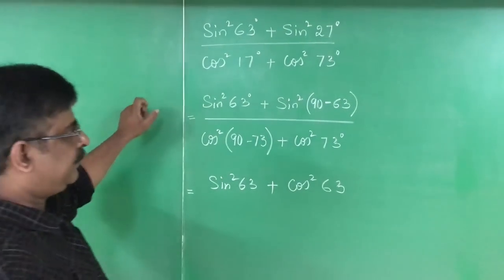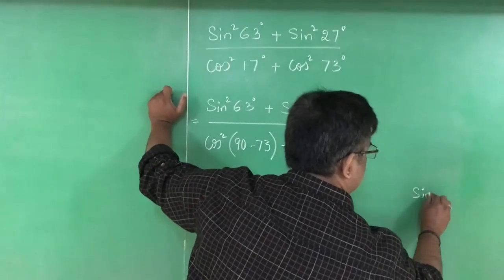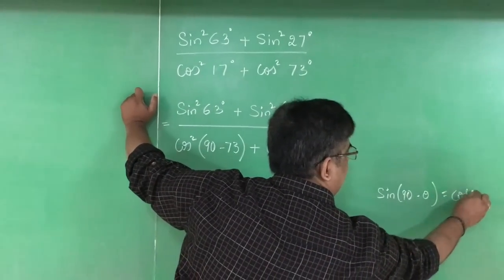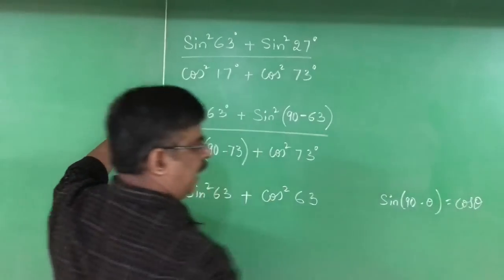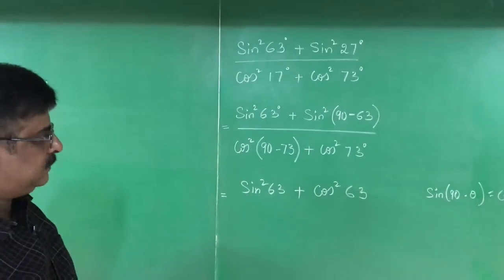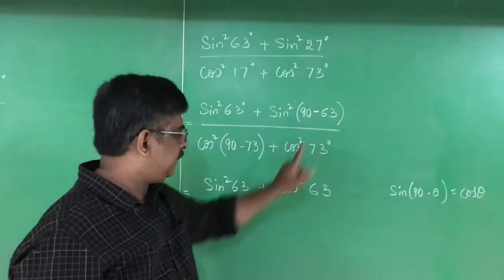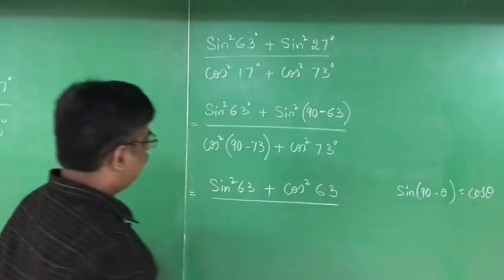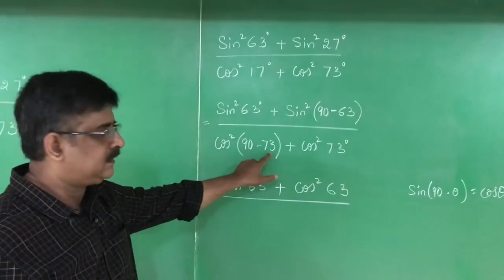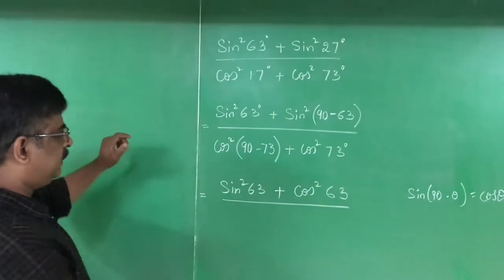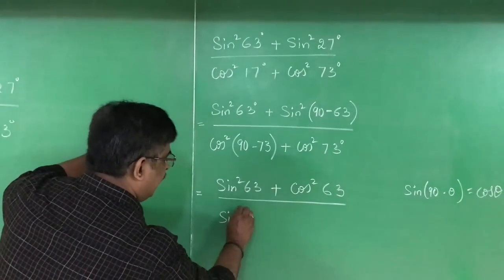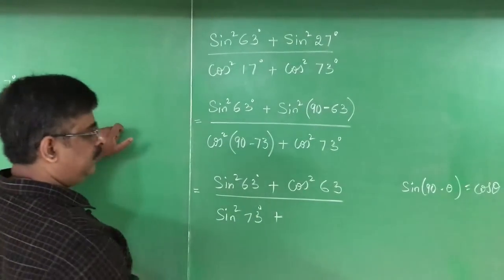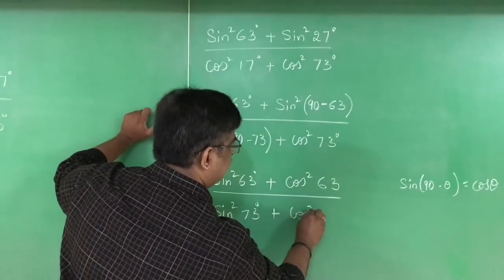Try to understand: sin 90 minus theta is equal to cos theta. This is the formula of the complementary angles. Similarly, cos 90 minus theta is equal to sin theta. Then it becomes sin square 73 degrees plus cos square 73 degrees.